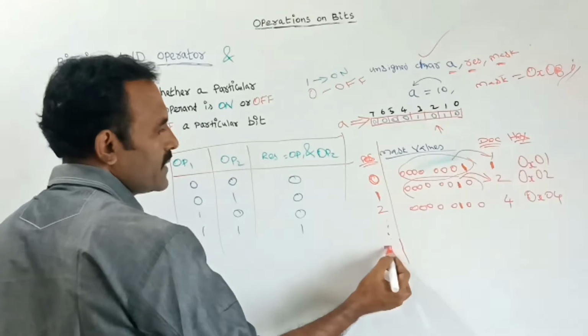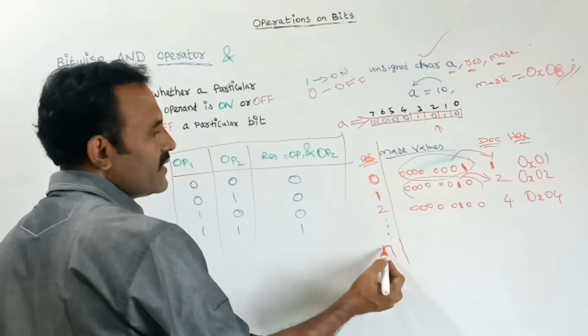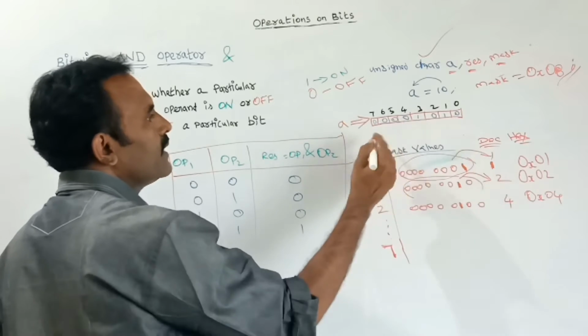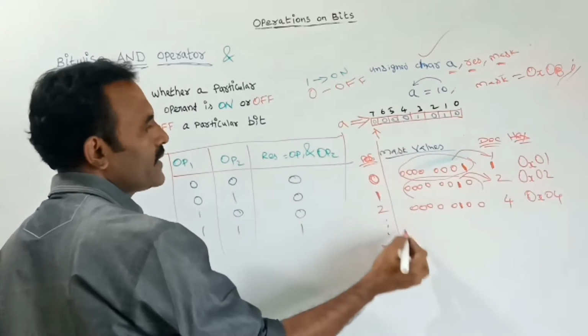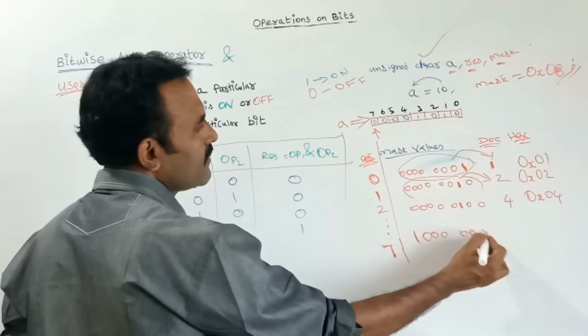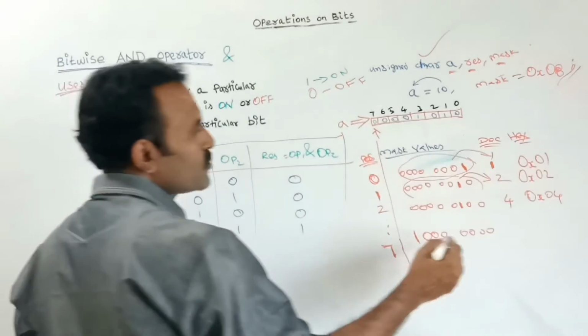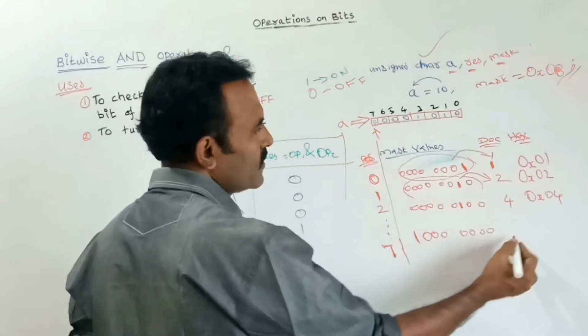We stop here because it is 1 byte. If I want to create the mask value for finding the 7th bit, the 7th bit you should put as 1, remaining every bit value is 0. This is the mask value for finding the 7th position of an operand. What is the decimal value of this one?